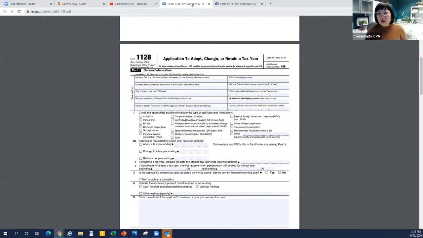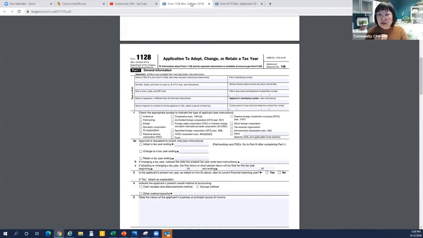Okay, I take it back. A sole proprietor can change too. The only accounting method you cannot change is the 1040, your personal. So you cannot change your personal income to accrual. You cannot say, oh yeah, next year I'm going to make more money, so I'll put that in this year. No, your personal is always on cash.